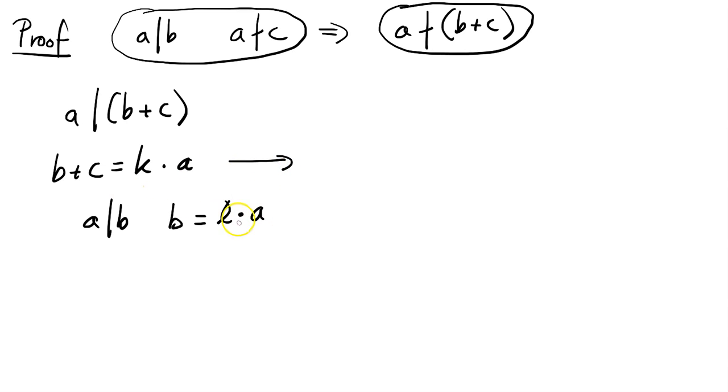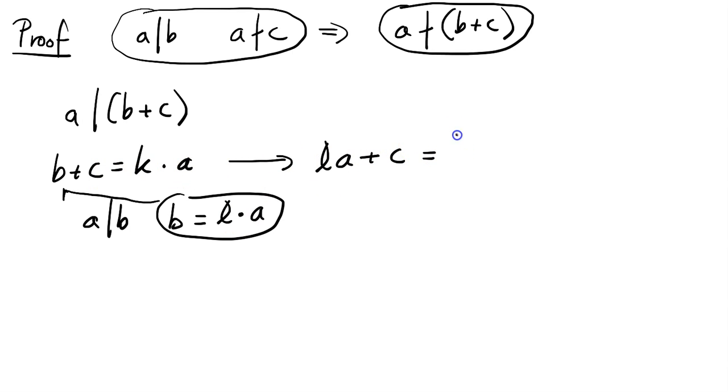So let's take this expression and substitute this in here. So then we have that L times A, this one, plus C equals KA. Okay, so this must be the case. We can re-express this in the following way. We can write C on one side if we subtract LA on both sides. Then we have like this. And here we can factorize out A.